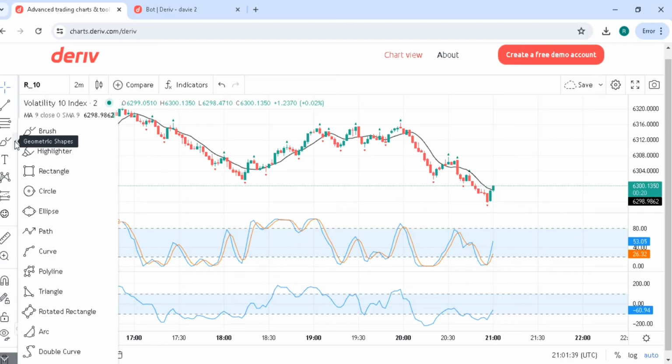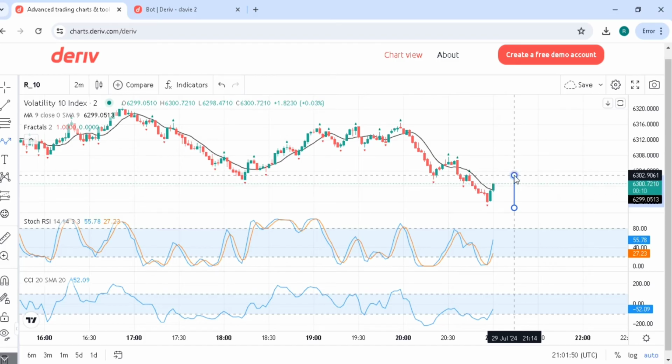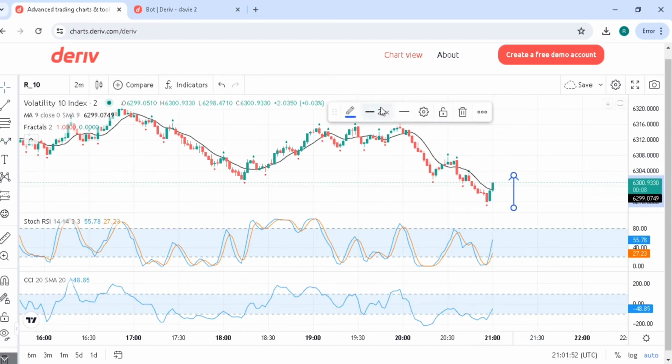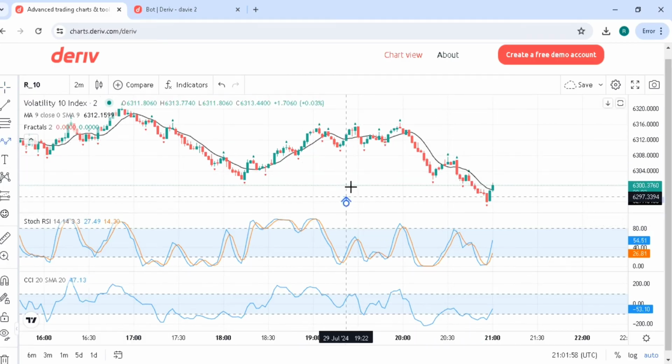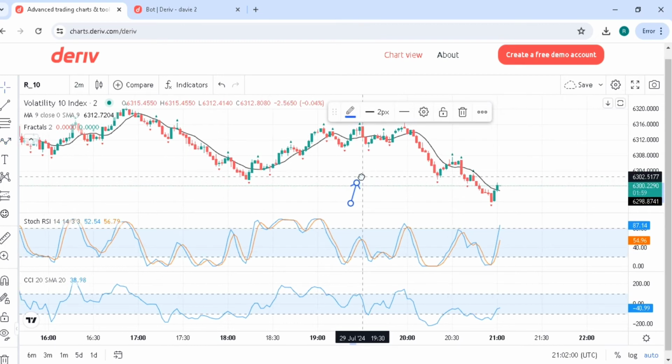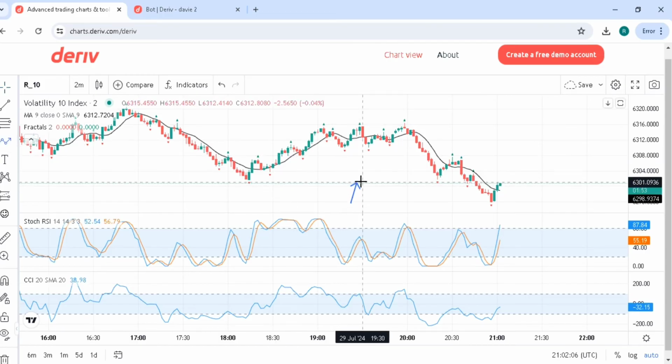So if it is a rise, what you want to do now is, if the new candlestick forms and it rises, then rises again. Let me demonstrate that. Let's say it rises and rises again, a second time it rises.